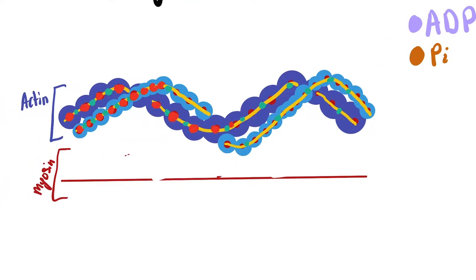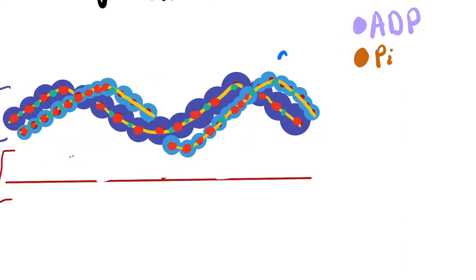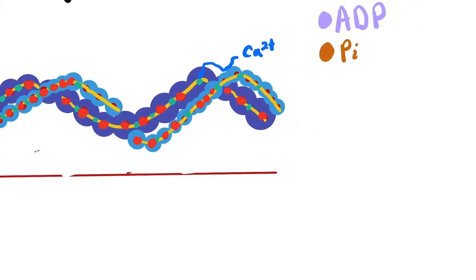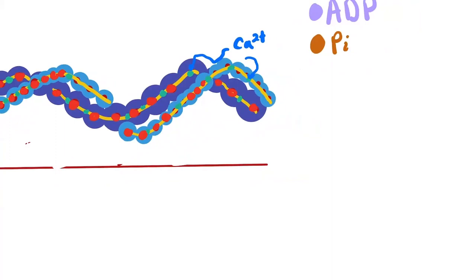Just imagine that the triple myosin is moving, and it exposes the active sites. A calcium comes in here and binds to the troponin, and the troponin changes shape and moves the triple myosin.